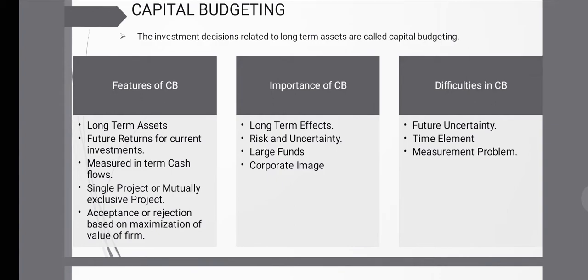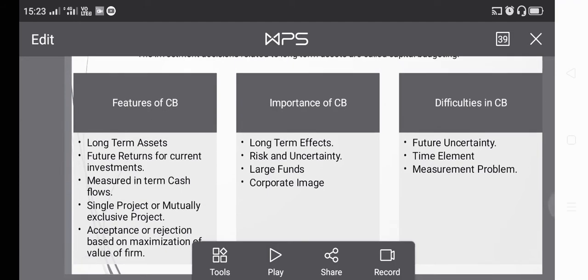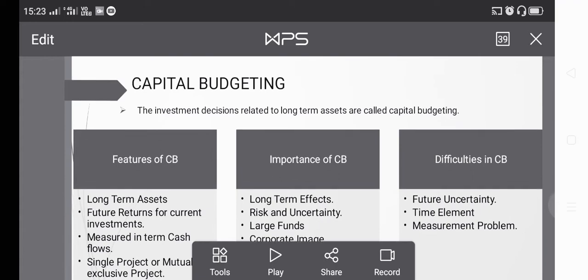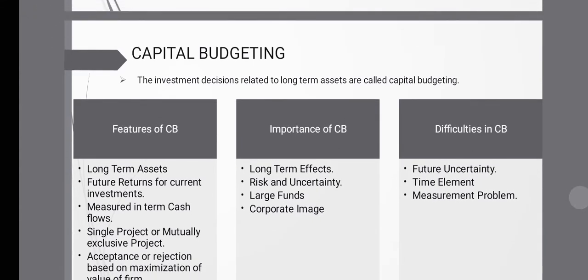For example, a company has issued new shares or has got new long-term sources of funds of about 10 crore or 15 crore. Then the way in which it is to be deployed is a matter of concern. The company should decide the way this 10 crore or 15 crore is to be invested, so that maximization of profit can be done.